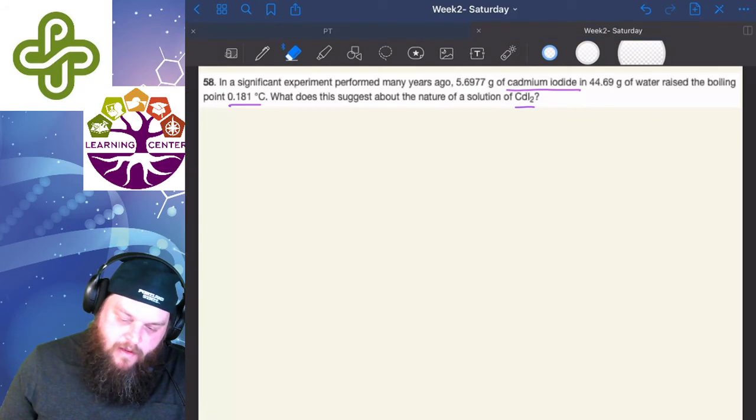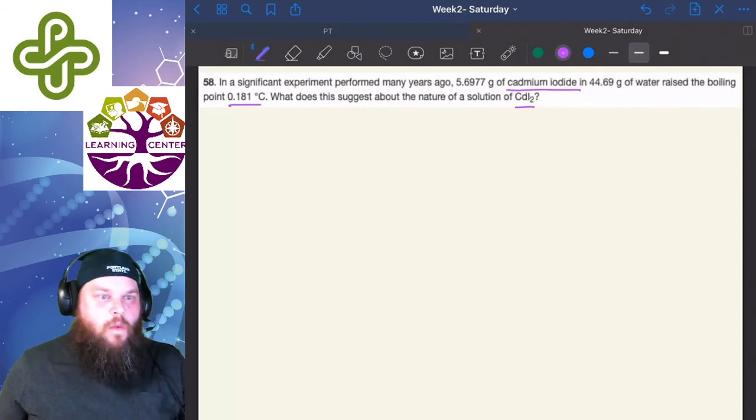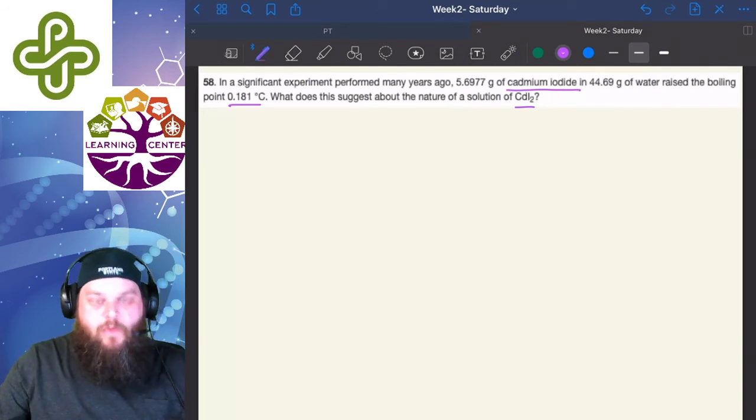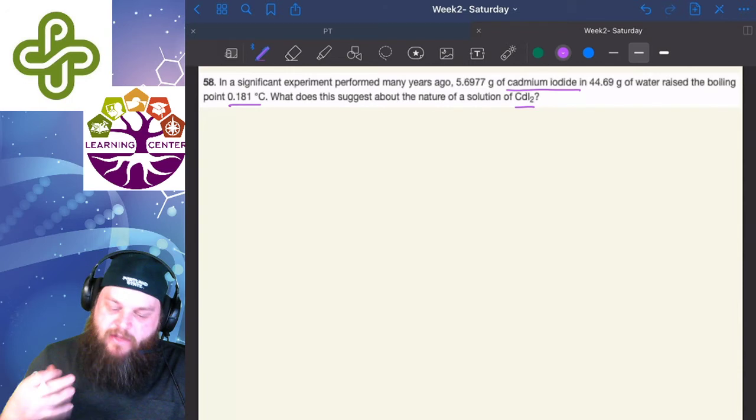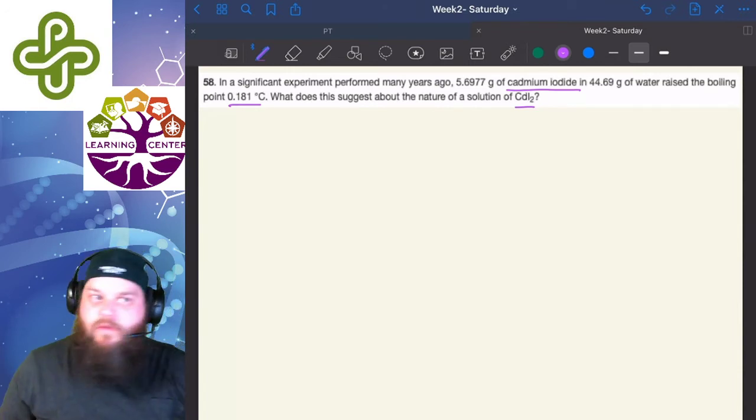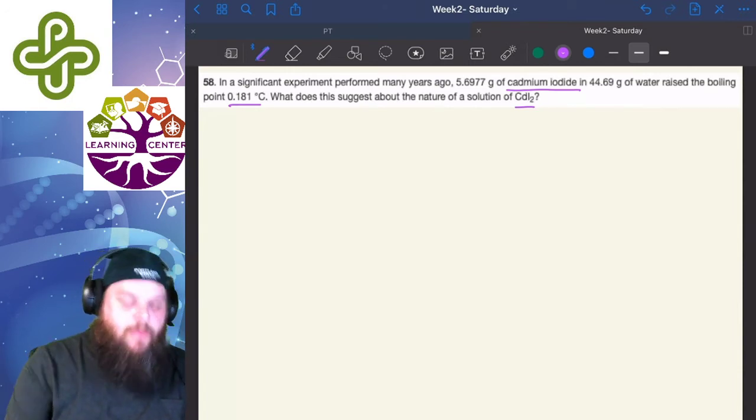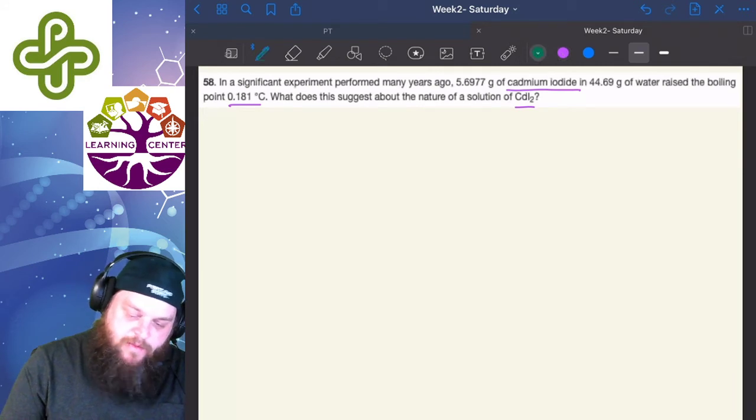We can then use that to determine its molecular weight. Since they're giving us the mass, we can use that molecular weight to turn it into moles and go from there. We're going to use the same formulas we've been using.